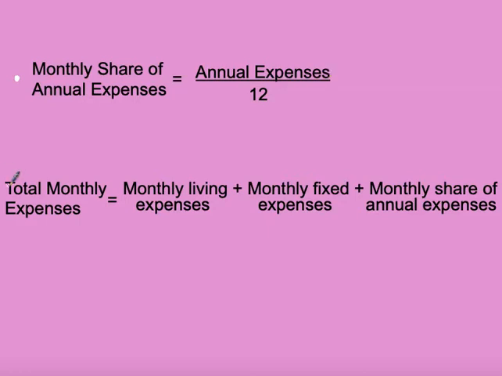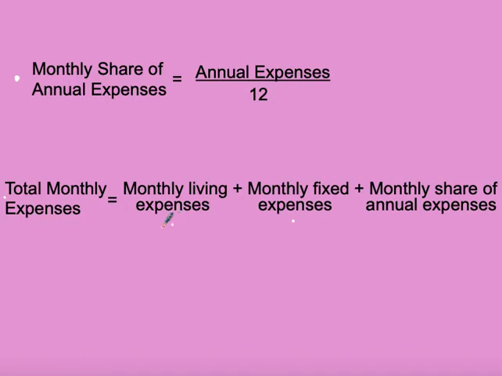Then we're going to look at your total monthly expenses. So your total monthly expenses are going to be in three parts. It's going to be your monthly living expenses. So those are your utilities that fluctuate every month. That's your food, that's your gas, that's your entertainment, that's your living expenses. Then you're going to have those fixed expenses.